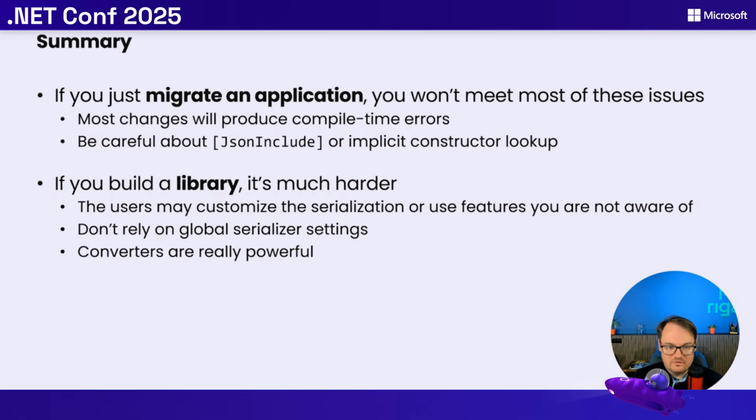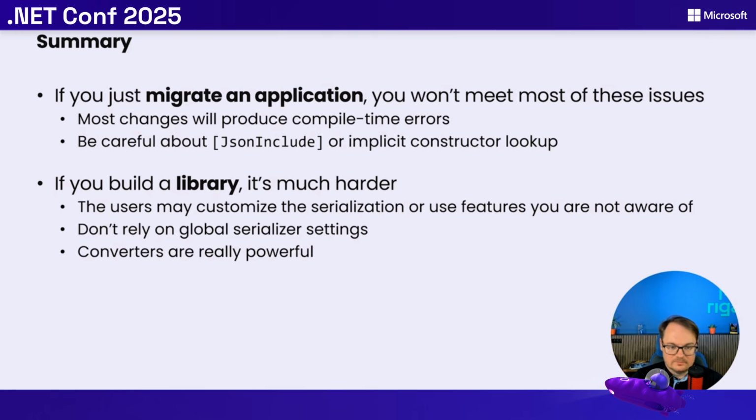So if you just serialize your own stuff, then you are quite aware of what features you use. However, if you let anyone serialize anything through your library, then you don't know what feature set your users are actually taking advantage of. So that's a little bit tricky.